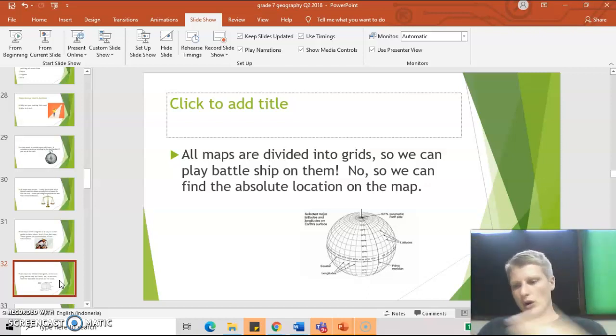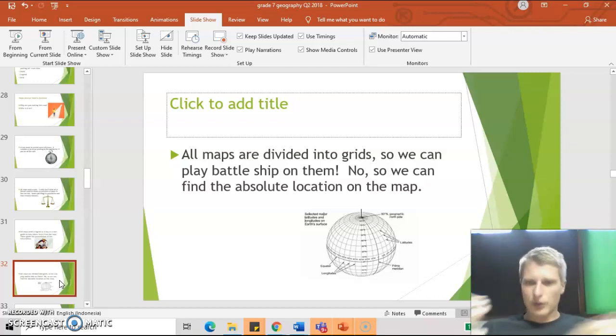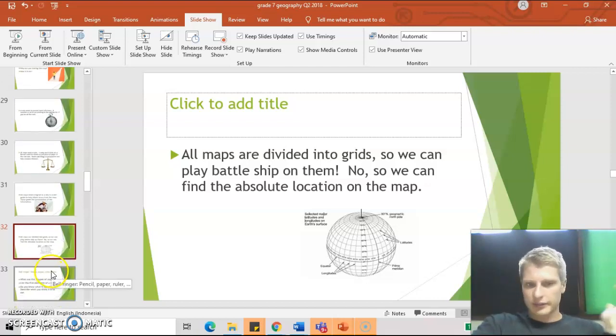On this map, if you go 1C, you'll find the country of Waganda or something like that. I don't know, right? You take these maps, they must have a grid system so that you can find an absolute location, which can then give you more information and how to study something.